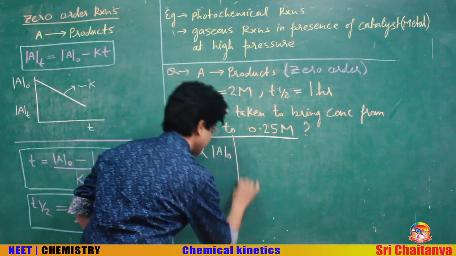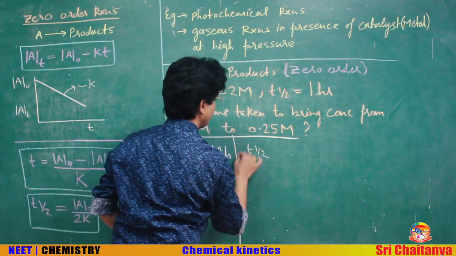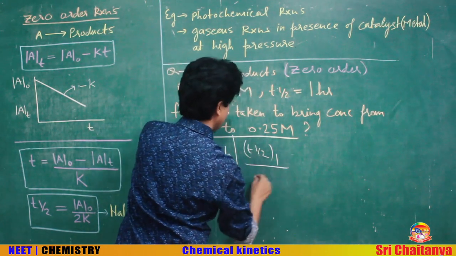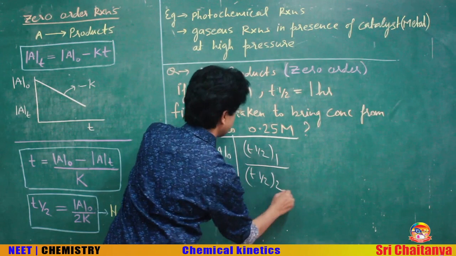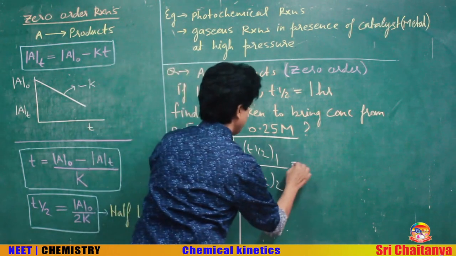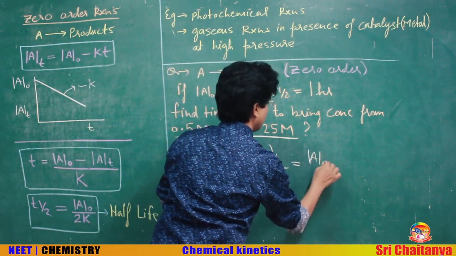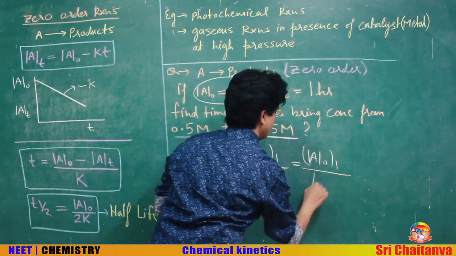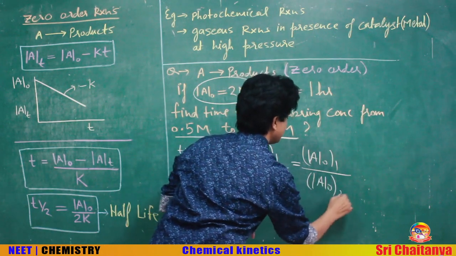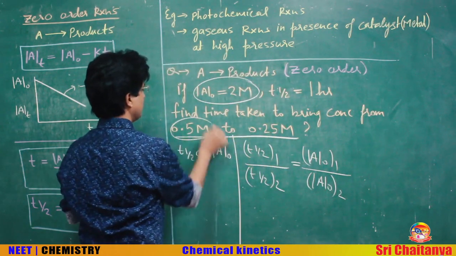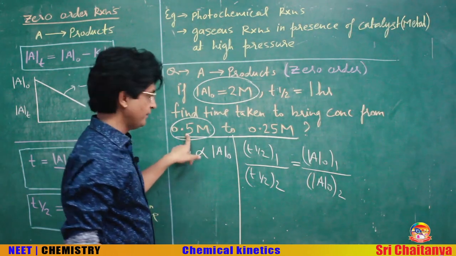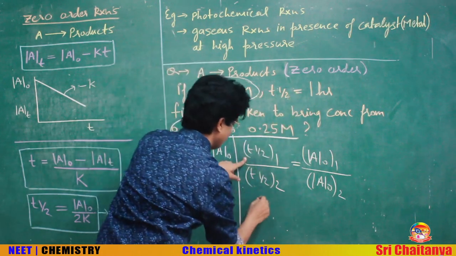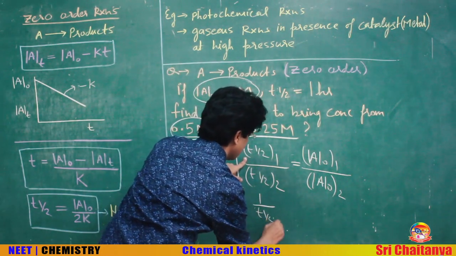Now from here I can say that t half for the first case upon t half of the second case will be equal to A naught of the first part upon A naught of the second part. Second part initial amount will be 0.5. The t half for the first part is 1 hour, and I am supposed to calculate the second t half.